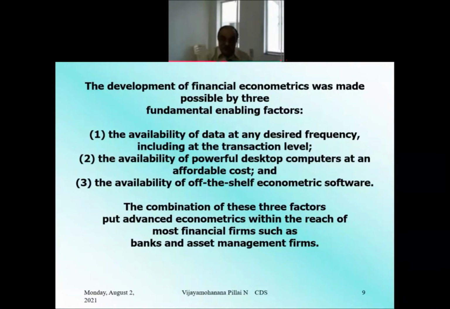There are three fundamental enabling factors that make the development of financial econometrics possible. The first is the availability of data at any desired frequency, including at the transaction level. Today we are in the position of very high frequency data, not just hourly data.